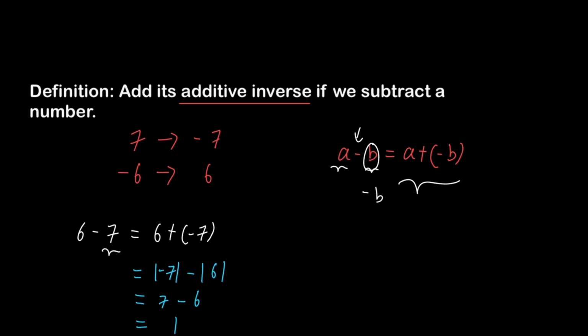Then go back to check: the 7 has a negative sign, so we put the negative sign at the end as well. That's how we use this formula and shortcut.